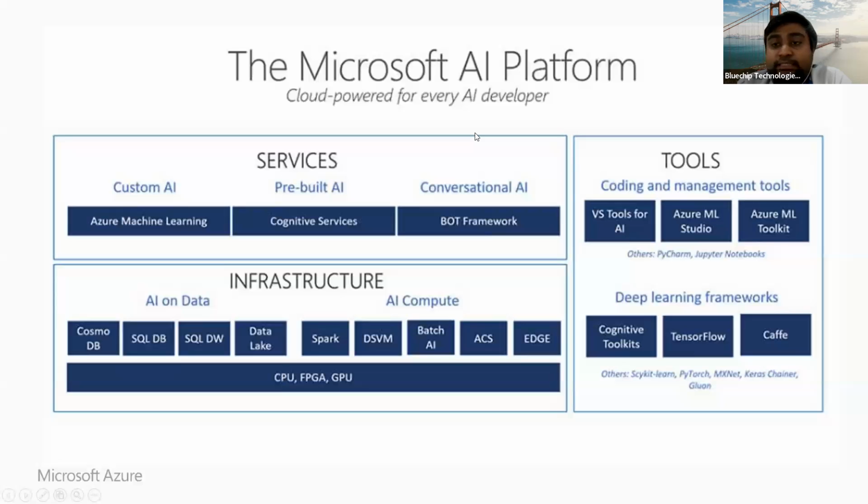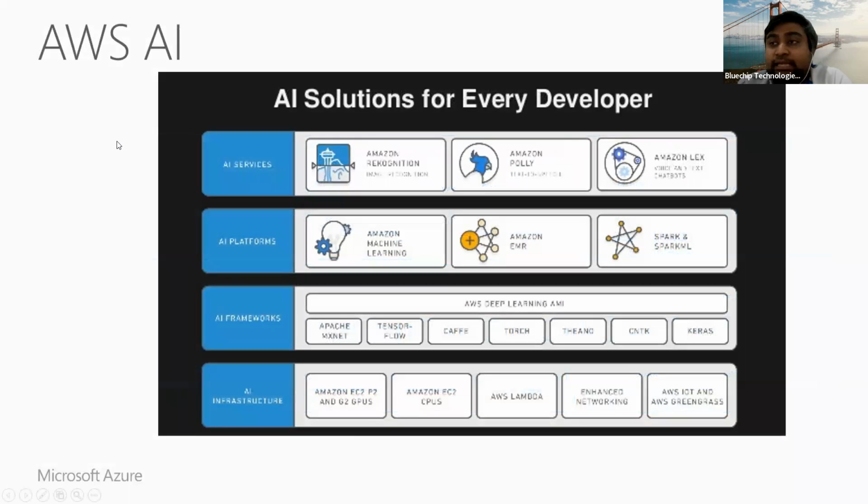Here you can see the services that Microsoft provides for AI. Then in this slide, you can see AWS, Amazon Web Services. They also provide a lot of built-in AI services. They even provide Amazon's AI capability as a separate service. Let's say you have your own e-commerce site, you can integrate Amazon's product recommendation capability into your site as a service.